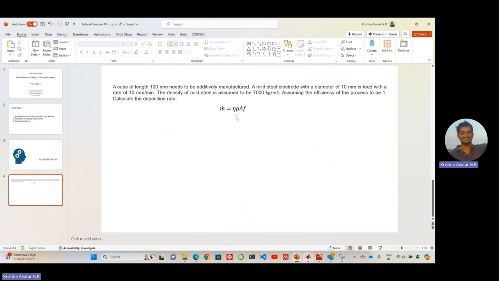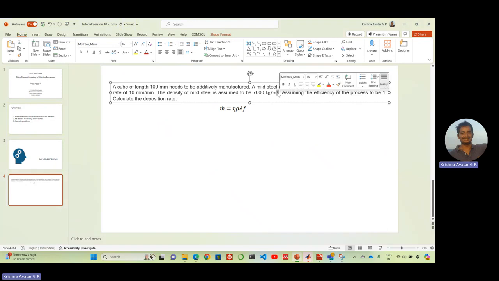So to have consistency of certain values, let's convert this density into some sort of an mm representation. Let me make it superscript here.